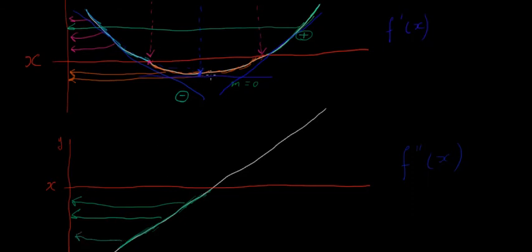This point here corresponds to this point on our second derivative, which has a y value of 0, indicating a 0 slope here. And then as we continue on up along here, all our tangents will have positive slopes, and all of these y values here are positive.